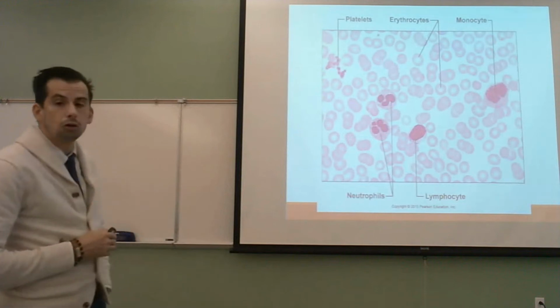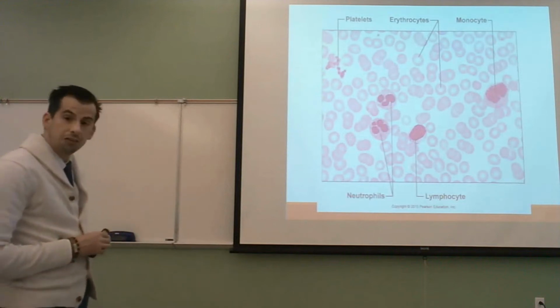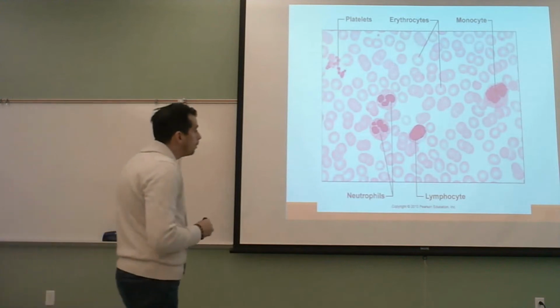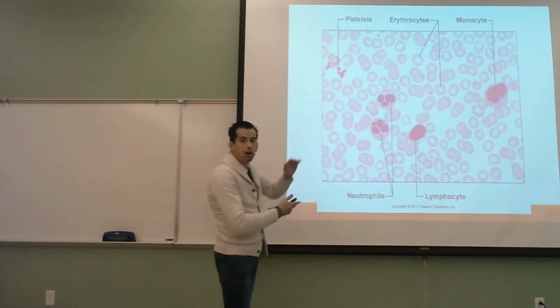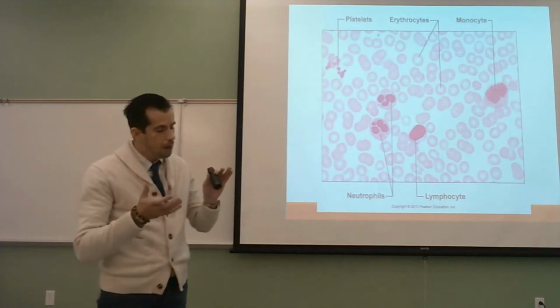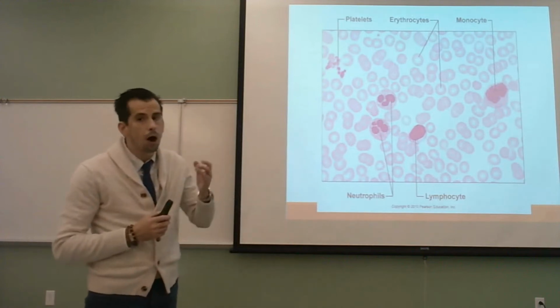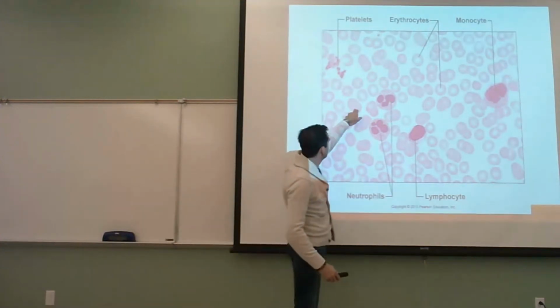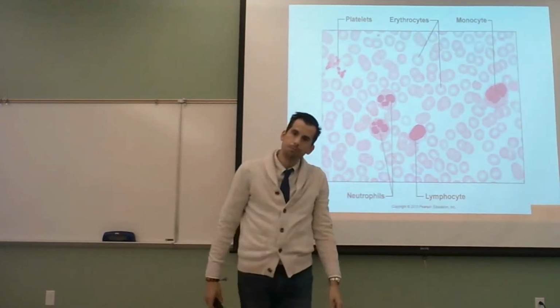Here's what a typical slide may look like when you see it in lab. Now, when we looked at the layers that form once we centrifuge blood, you saw that the red blood cells were a major component, a very prominent layer. And that's what you see. Mostly red blood cells.